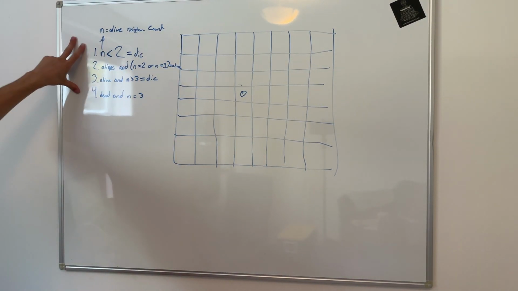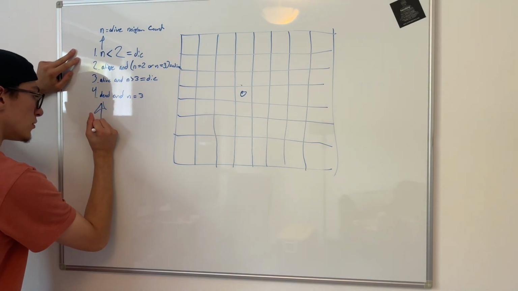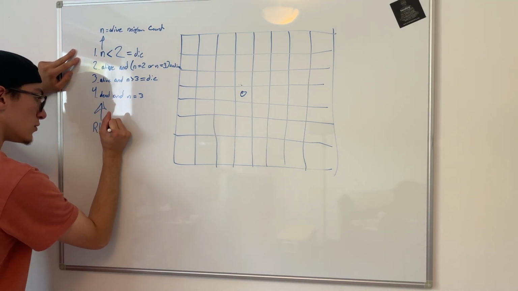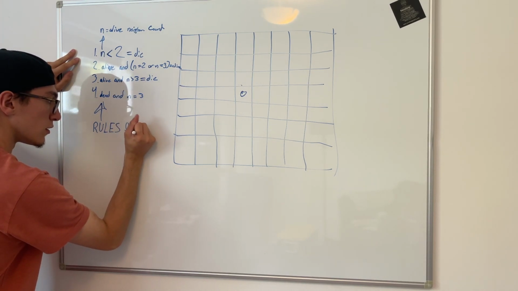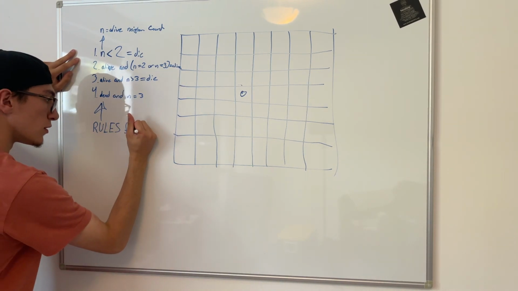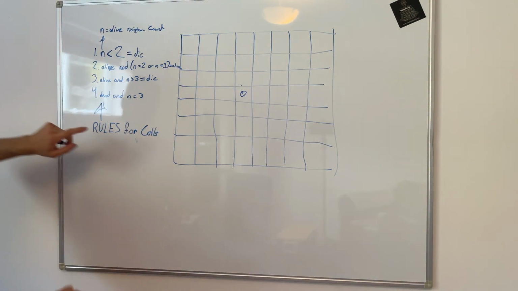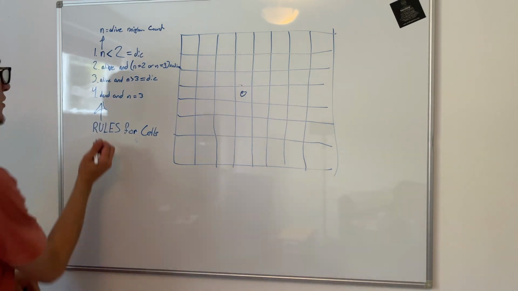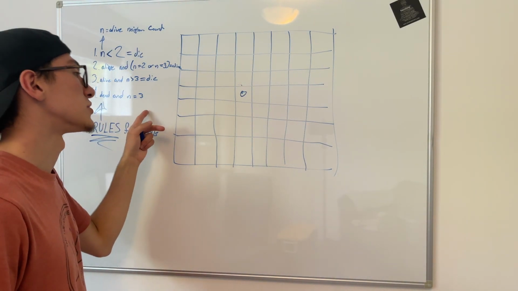So these are our rules for cells. These are the rules that we want, and this is per generation, right?